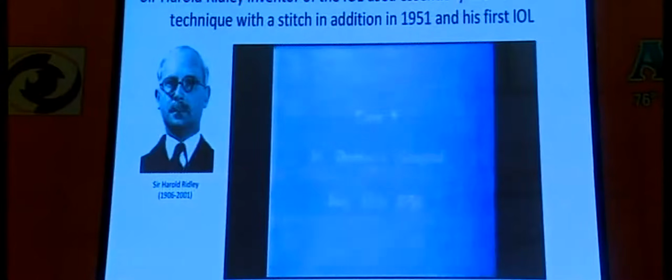This is the couching doctor who is doing the couching. Well, at least it was minimally invasive.